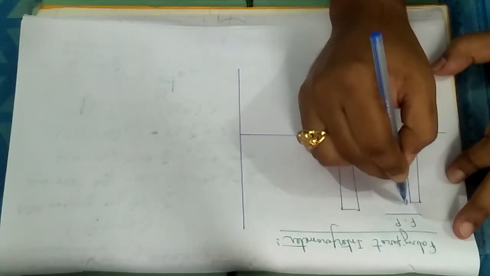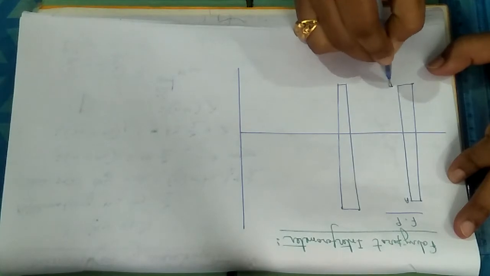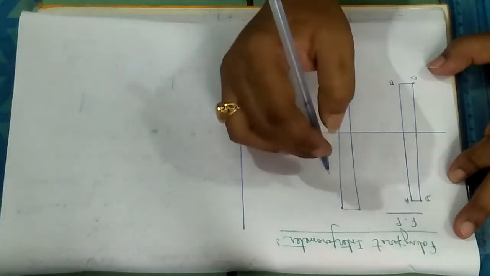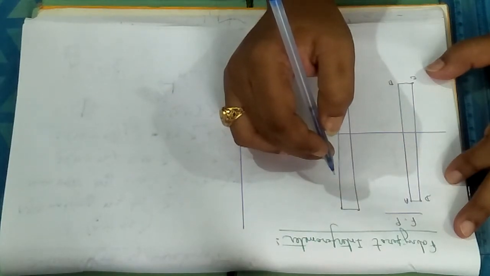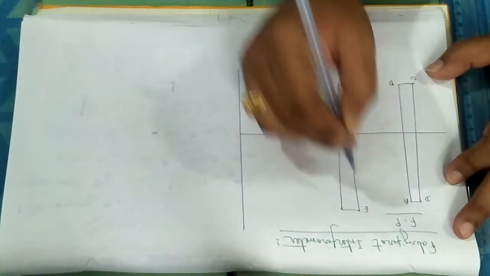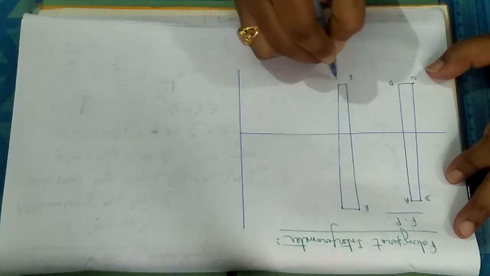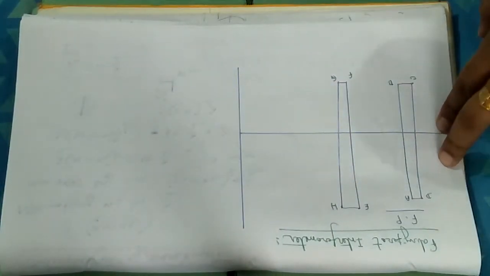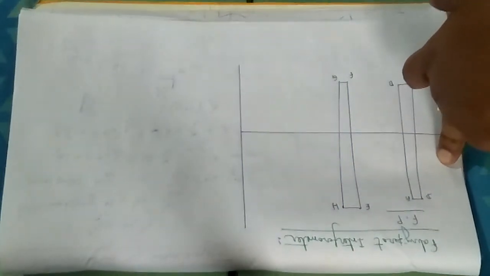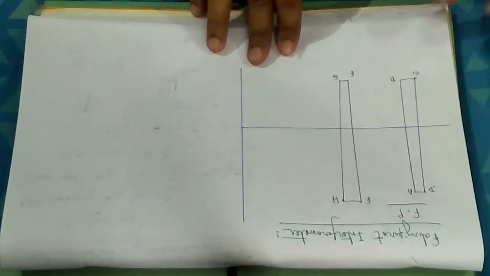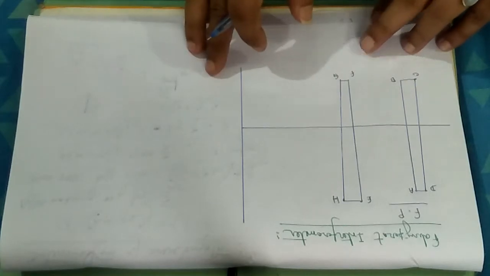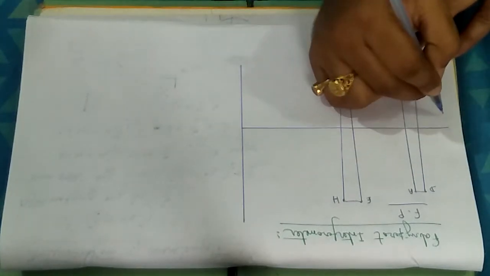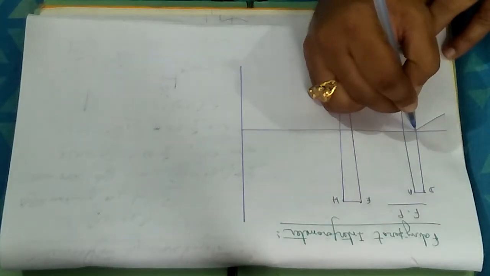Let it be A, B, C and D, and this be E, F, G and H. These two glass plates will help in creating multiple reflection and refraction.